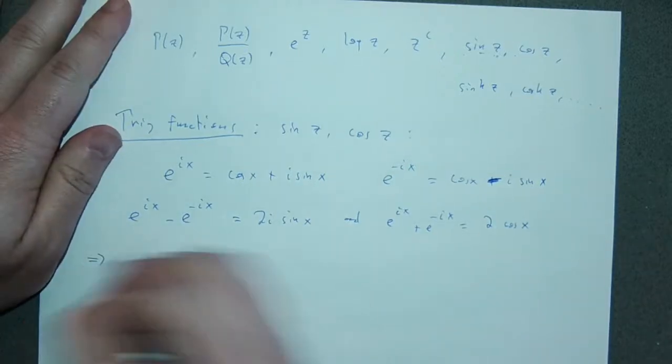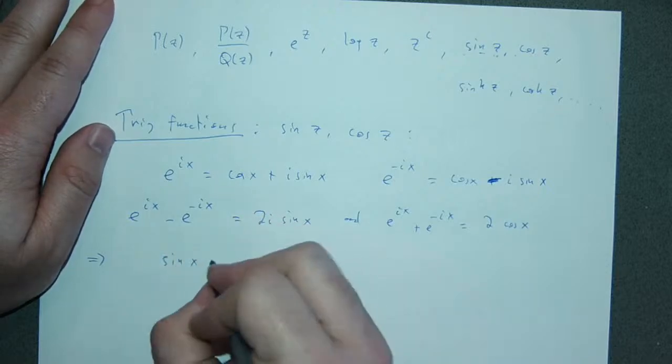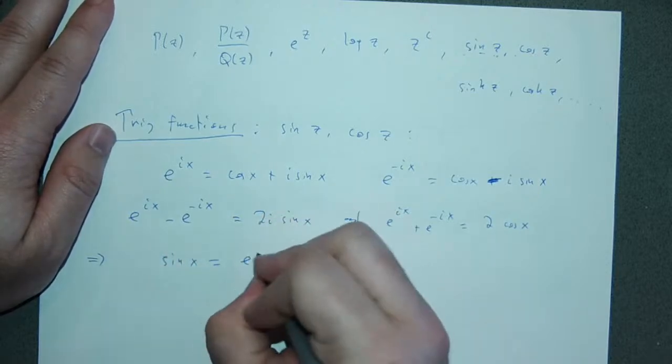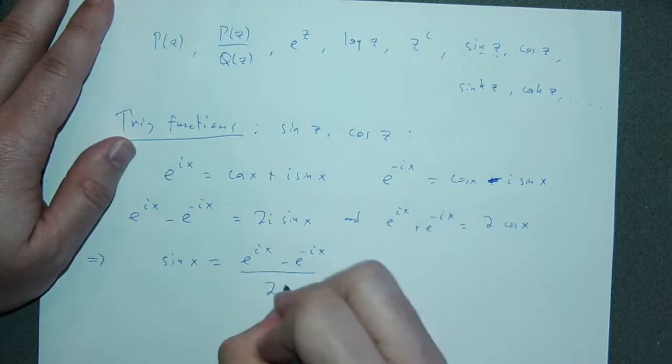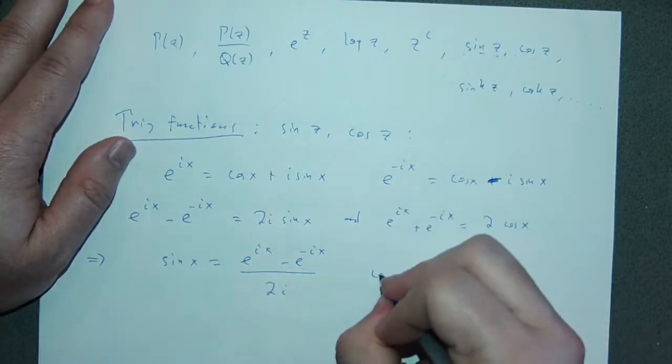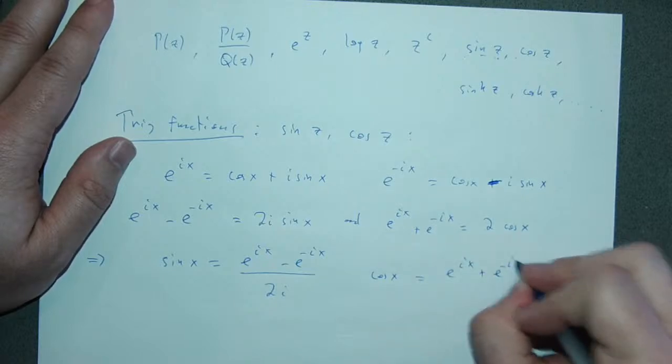So, in particular, we can think of sine x as being e to the ix minus e to the minus ix over 2i, and cosine x as being e to the ix plus e to the minus ix over 2.